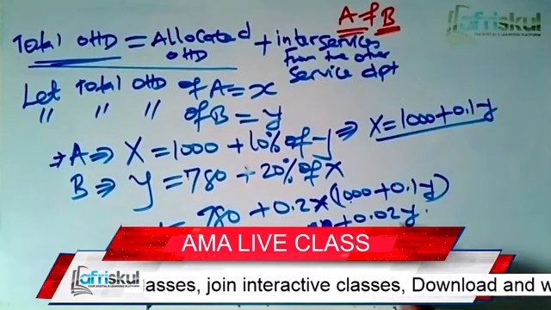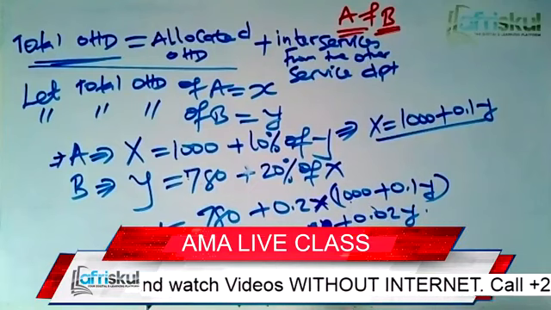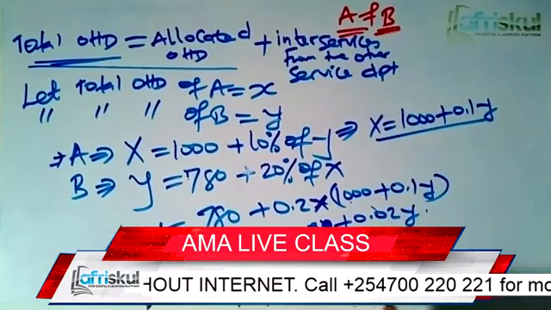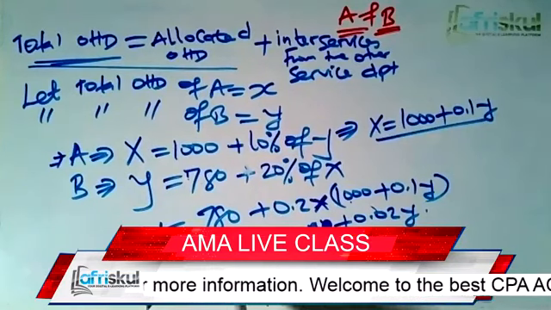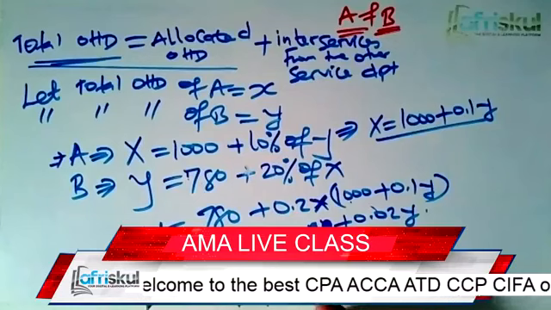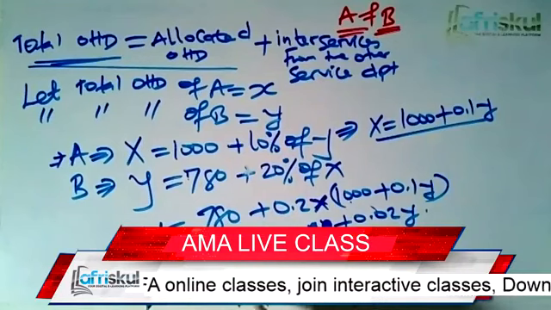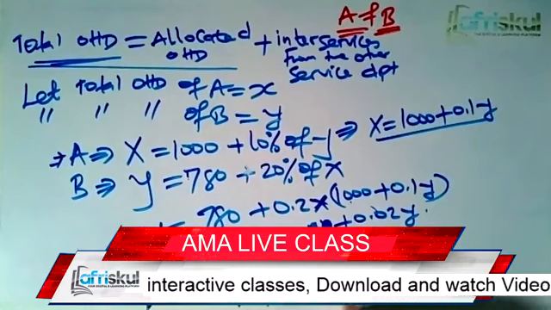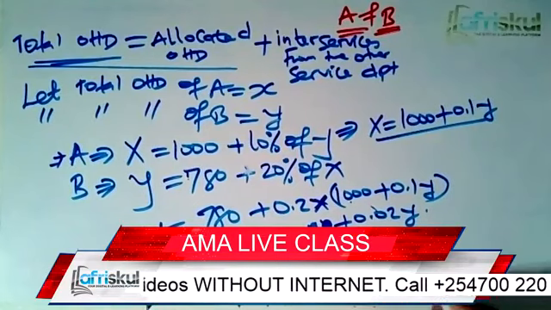Then 0.98 Y equals 980, and therefore Y will be 980 divided by 0.98, which automatically is 1,000.